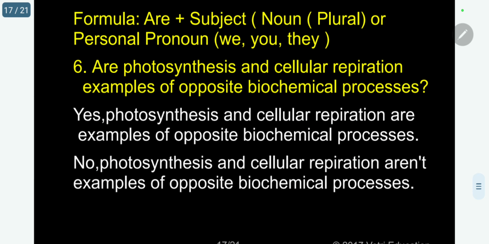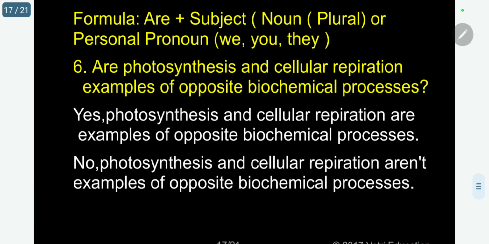Are photosynthesis and cellular respiration examples of opposite biochemical processes? Please follow me. Are photosynthesis and cellular respiration, two processes, examples of opposite biochemical processes?